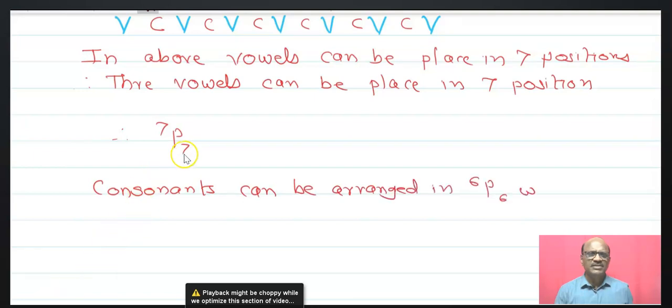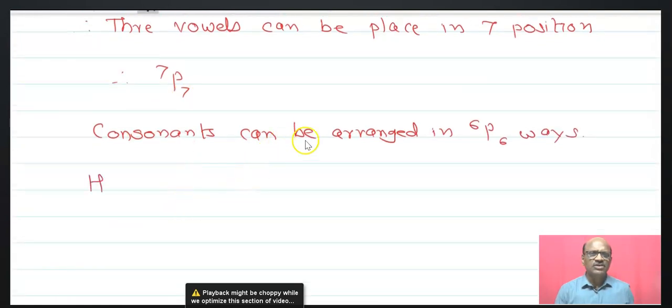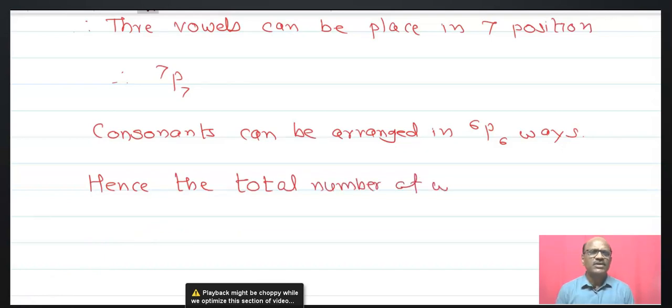That is 7P3 there must be. The consonants can be arranged in 6P6 ways. Hence, the vowels can be arranged in the 7 positions. 3 vowels are there.